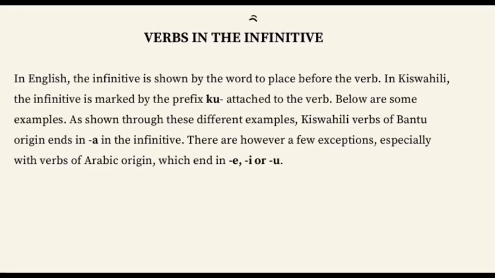In Kiswahili, the infinitive marker or prefix is ku, which is attached to the verb. Remember that in English, you don't write the to and verb together. So we have to go. You write the to and you separate it from the go. But in Kiswahili, you write the ku and the verb together. That is the agglutination we are talking about.